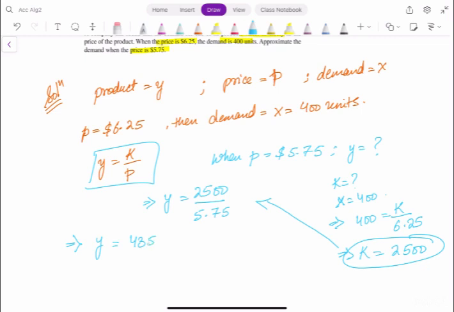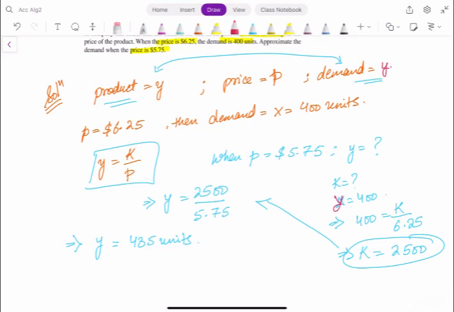It's a word problem, so we need to write the word sentence as well. You can interchange the demand and the product variable if you want to, just go with the same concept of y is equal to k over p or k over x, right?